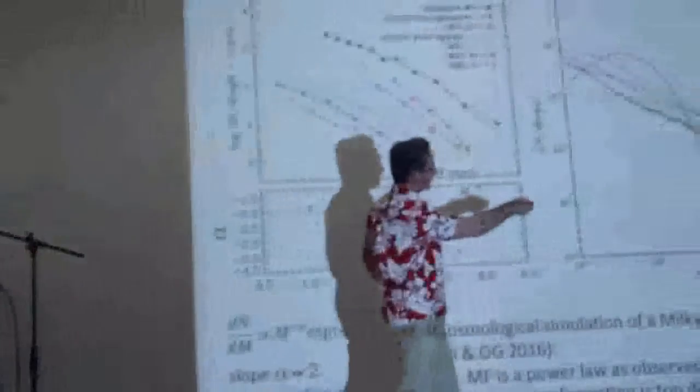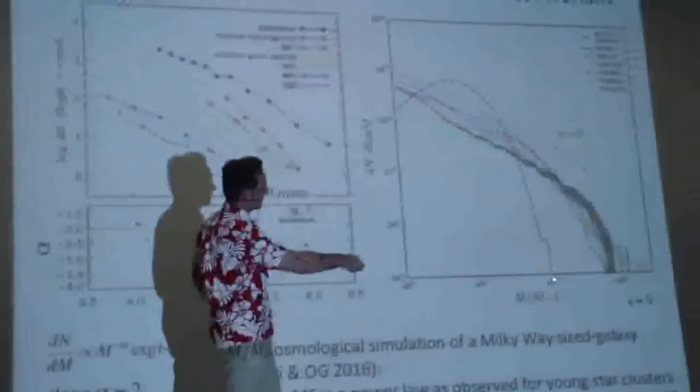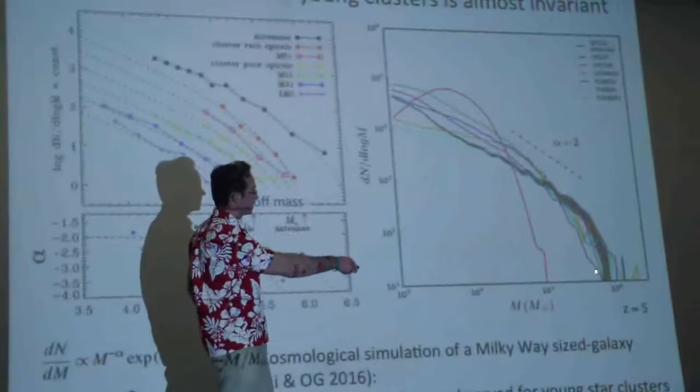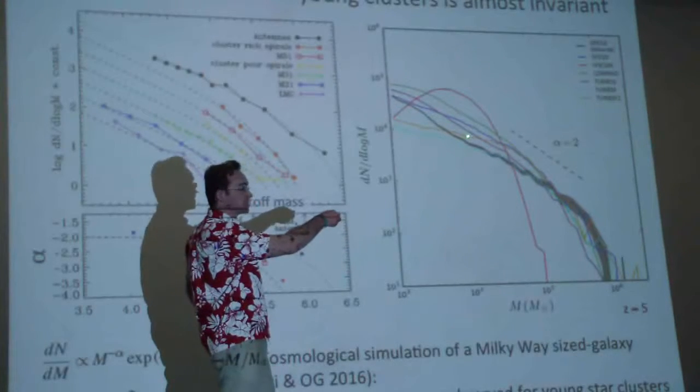The cyan line has the strongest feedback, and the purple line has a lower feedback, and the green line has even lower feedback. So there's a systematic trend here. The slope changes at low masses, but it's fairly robust at masses above 10 to the 5. So whatever is going to become globular clusters, I think is well converged. For low mass clusters, there is dependence.